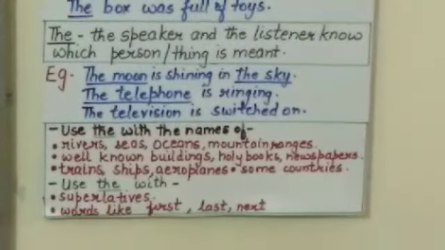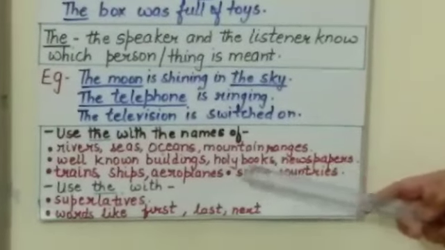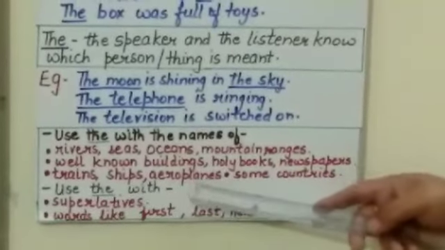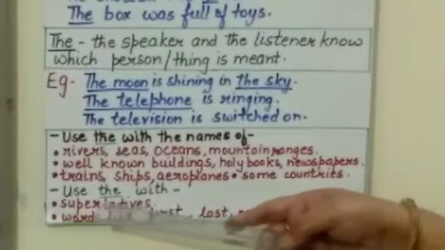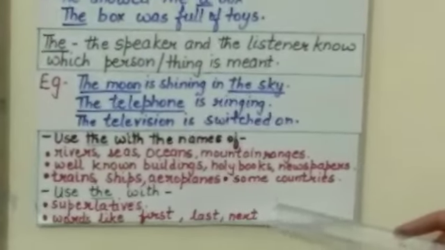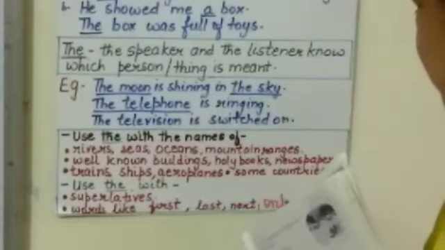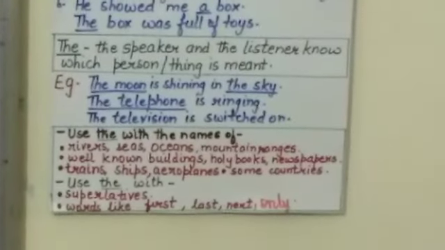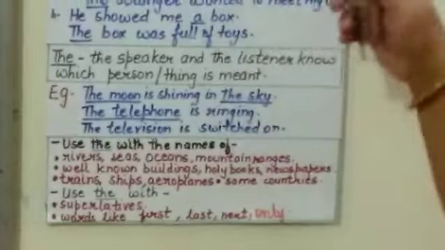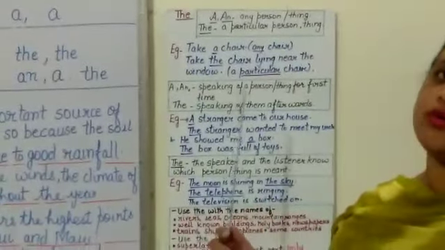So here we can see use the with the names of rivers, seas, oceans, mountain ranges, well-known buildings, holy books, newspapers, trains, ships, aeroplanes, some countries, and use the with superlatives, words like first, last, next, and even only. So this is how and where we are using the. Earlier we have done a, and these are the cases for the. So children, please revise these and let's move on to the exercises.